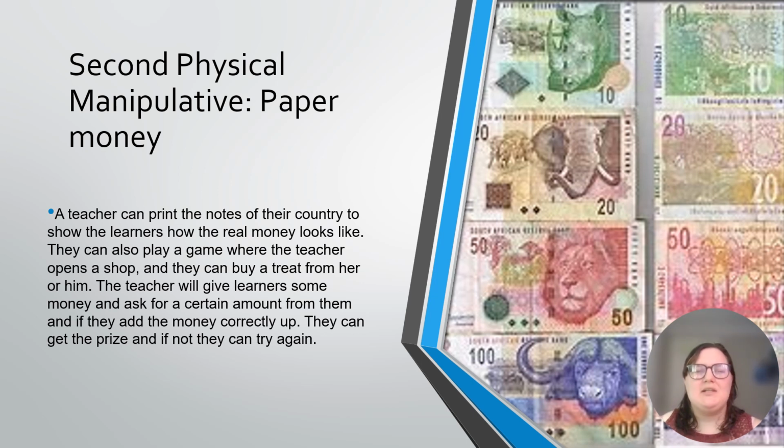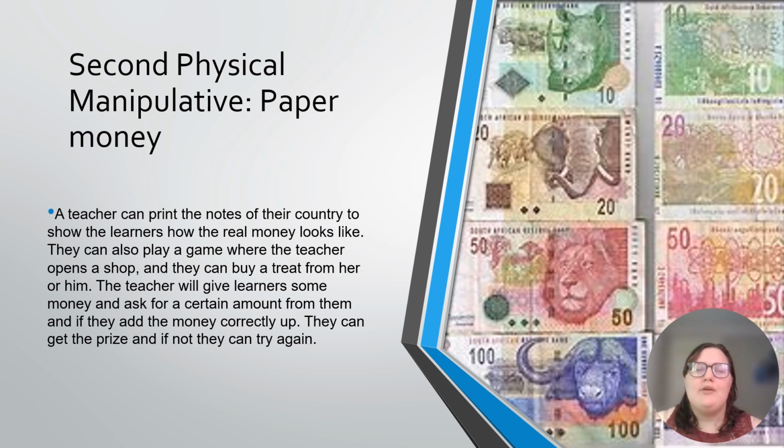The second physical manipulative that a teacher can use in his or her classroom is paper money. A teacher can print the notes of their country, like South Africa, to show the learners how the real money looks like. They can also play a game where the teacher opens a shop and they can buy a treat from him or her.